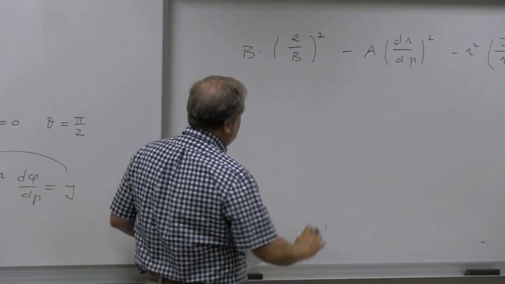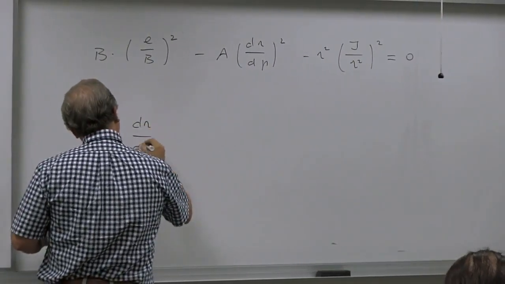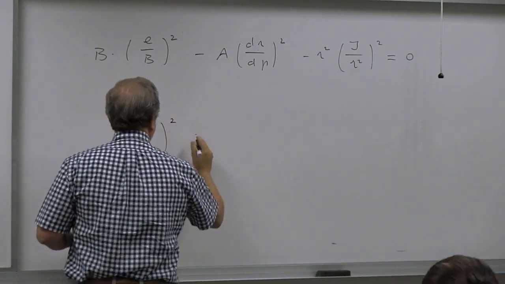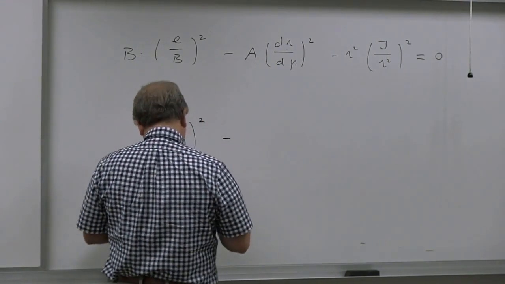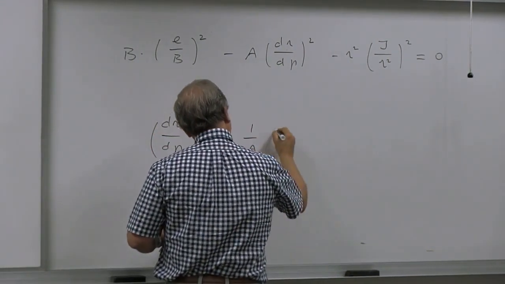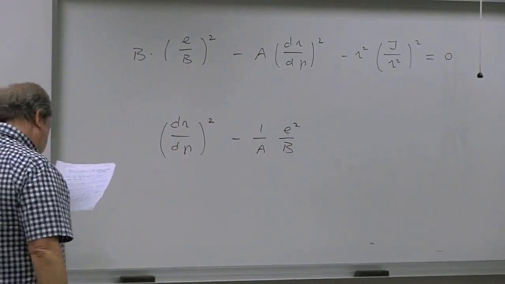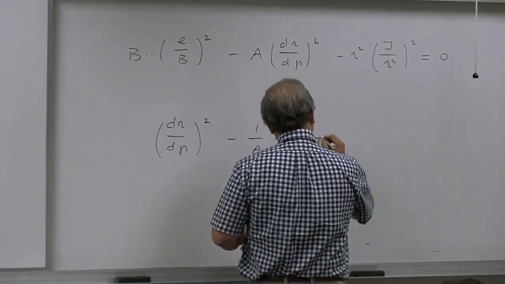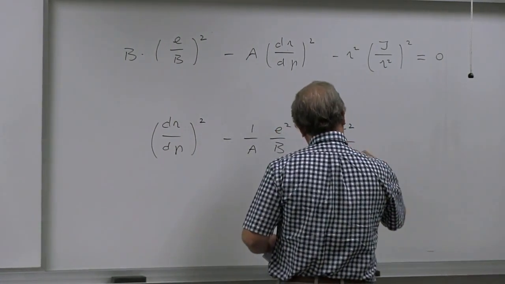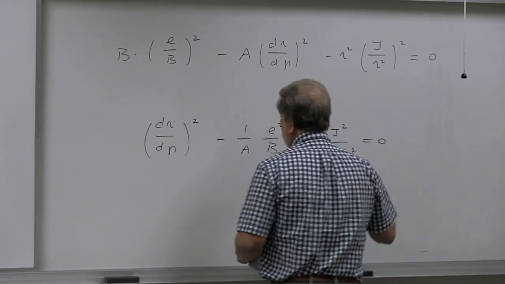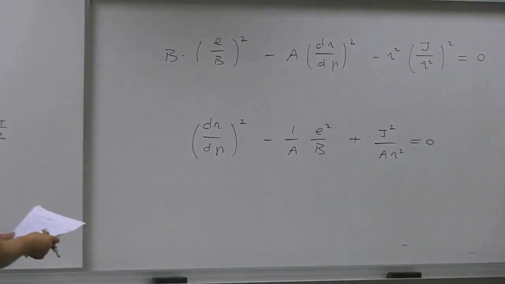We want to isolate this kinetic term, so we write it as dr by dp, and then squared, and plus the rest, which is minus 1 over a, e squared divided by b, plus j squared divided by a r squared is equal to 0. And so that's very similar to the equation we had before for the potential, right?